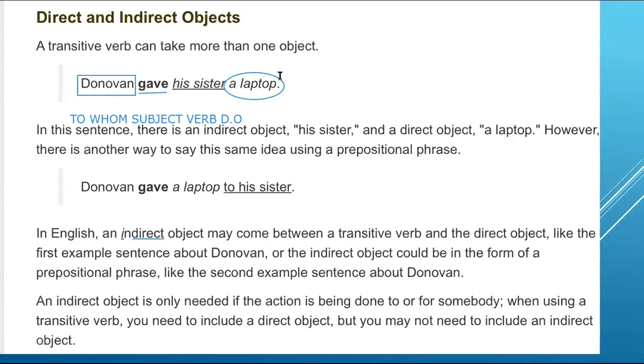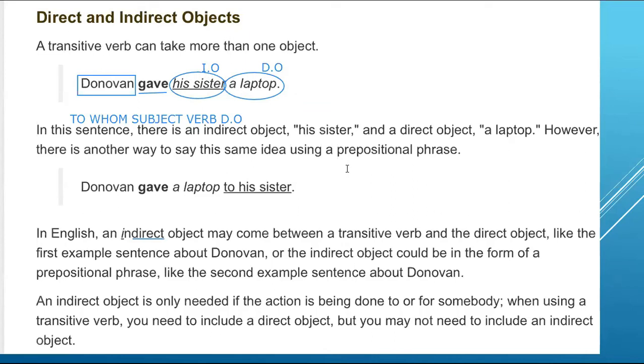To his sister. So this will be our indirect object, and laptop will be our direct object. Exactly. This is the formula you're gonna use always when you want to identify an indirect object.